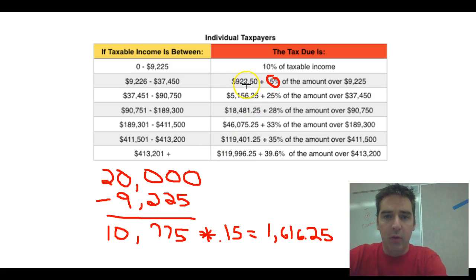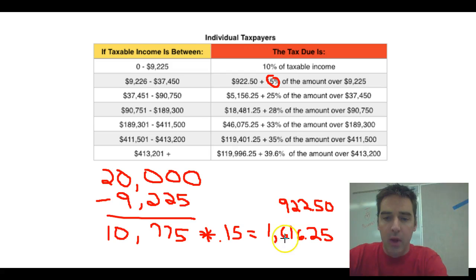Now, what you have to do is add also the $922, because that $922.50 represents 10% tax on the first chunk of money that we made. So the first $9,225 is getting taxed at 10%, and that's how you get that number. And then the next $10,775 is taxed at 15%.